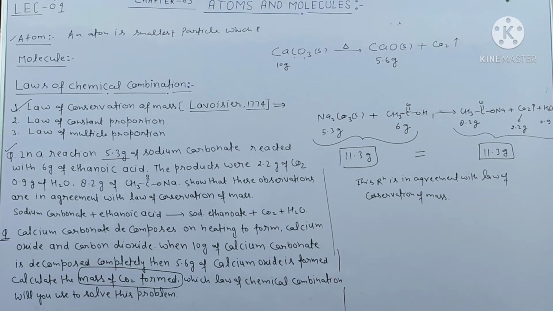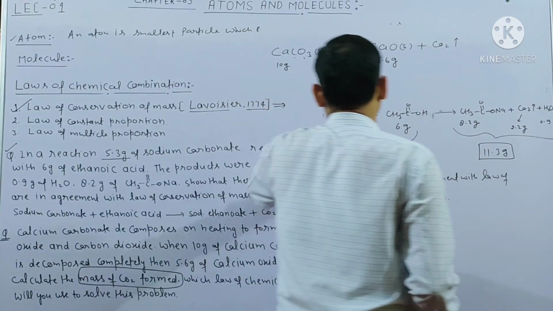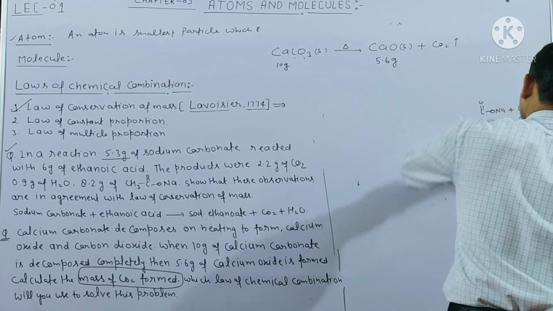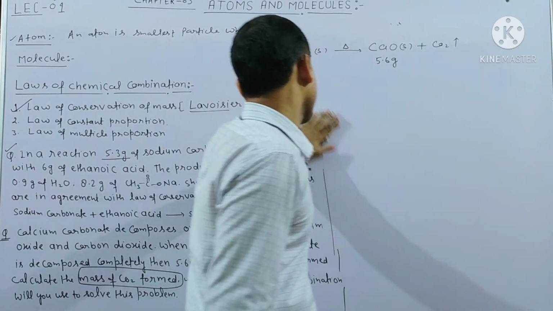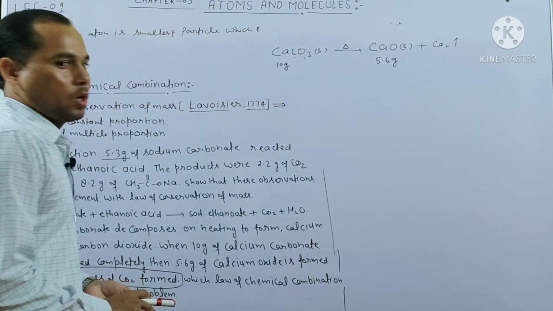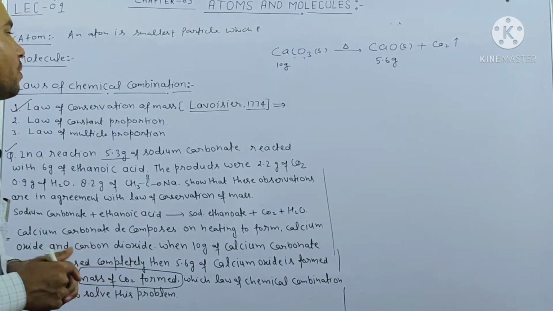What is the mass of CO2 formed? Which law of chemical combination will you use to solve this problem? So okay, no problem. This is also a very easy question. I think you can calculate it, so you first of all try to solve yourself.